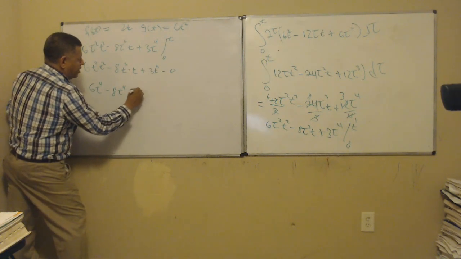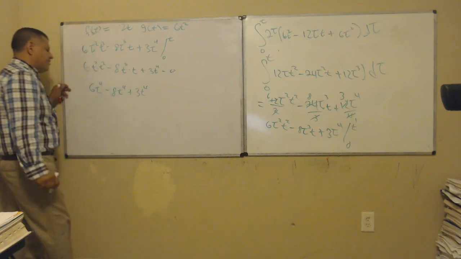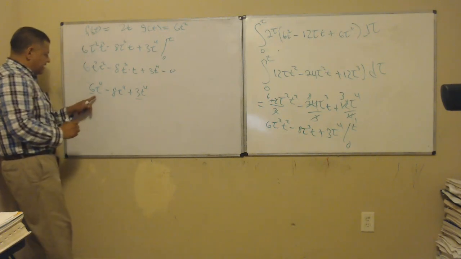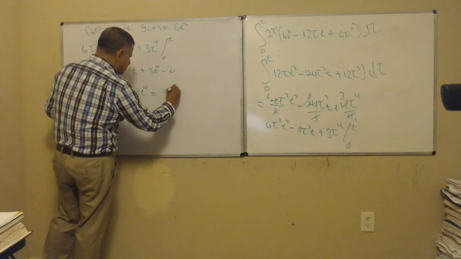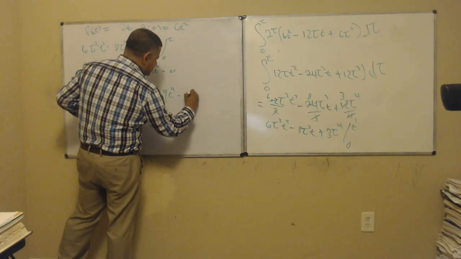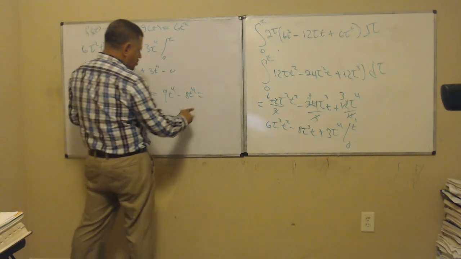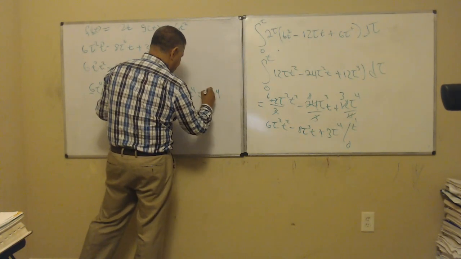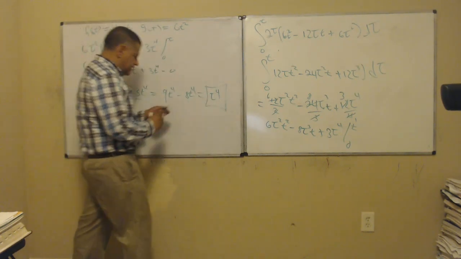Plus 3t to the fourth. So now notice that this can be added together. It's going to be 9t to the fourth minus 8t to the fourth, which is equal to t to the fourth. And this whole thing, a lot of work just to get that t to the fourth.